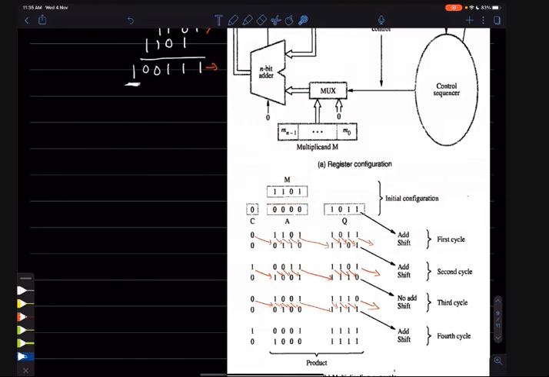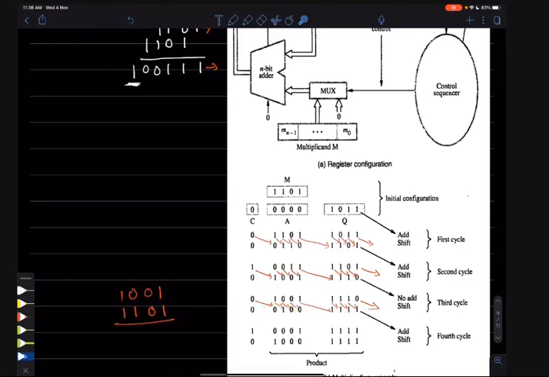So whenever we add multiplicand and this register, the output will be this with a carry. Let's check if it is true or not. 1001 is the previous partial product, that is the A content, and the M value is 1101.